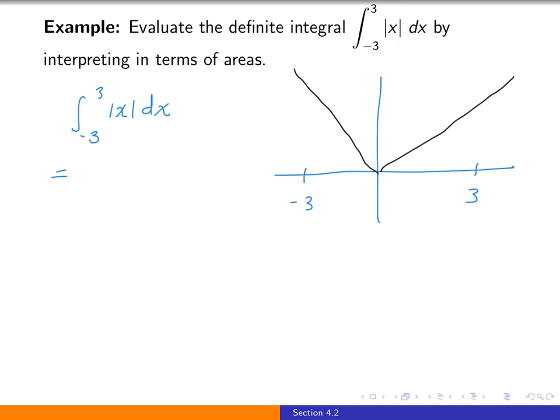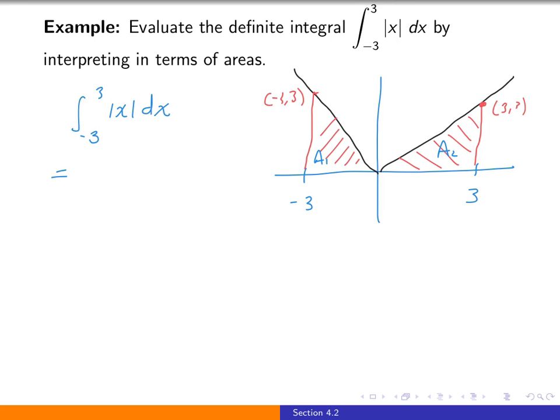If you want to think about the enclosed area, you have the area enclosed to the left, then you have this area enclosed to the right. So it's the area between the curve and the x-axis. And two key points are (3, 3) and (-3, 3). So we could add up the area of this first triangle, A1, and add on to that the area of the second triangle, A2.